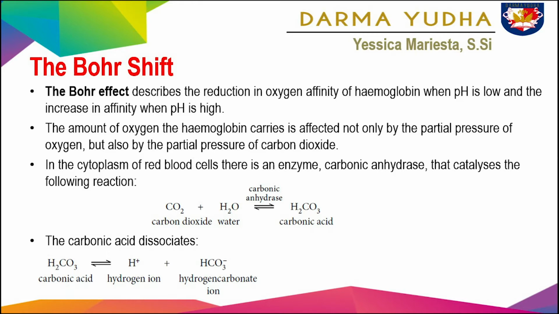You can see that this enzyme catalyzes the reaction of carbon dioxide with water to form carbonic acid. The carbonic acid dissociates to produce a hydrogen ion and a hydrogen carbonate ion.